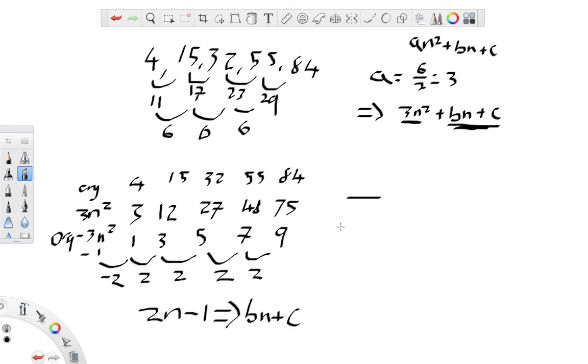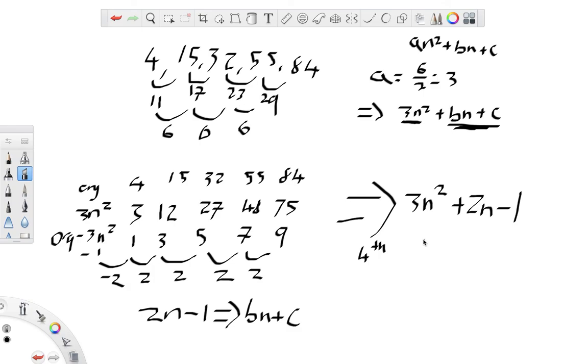So then our nth term, so our final answer is 3n squared plus 2n minus 1. Again, I am a big fan of checking the answer just to see whether it's right. So if we wanted the 4th term, we'd just substitute 4 in, so we get 3 times 4 squared.